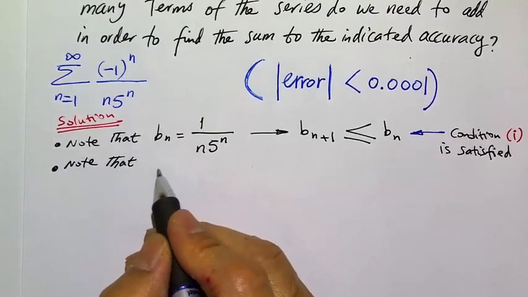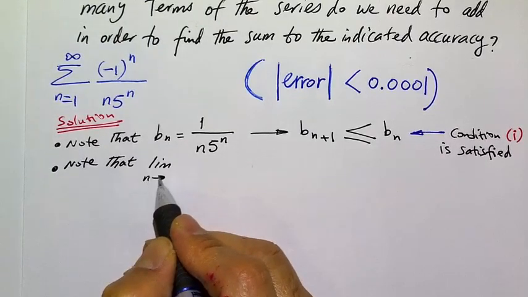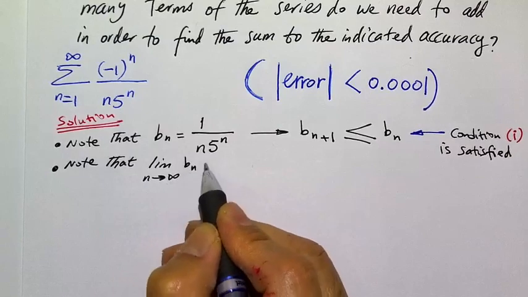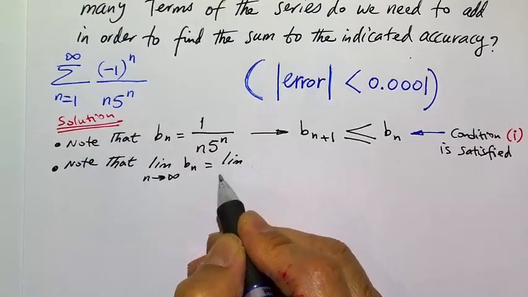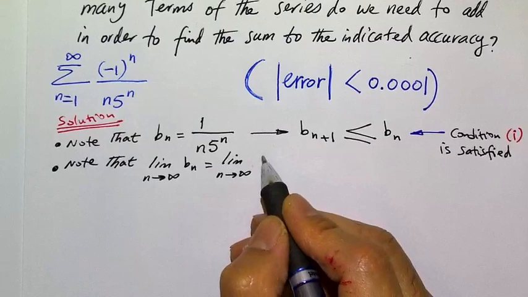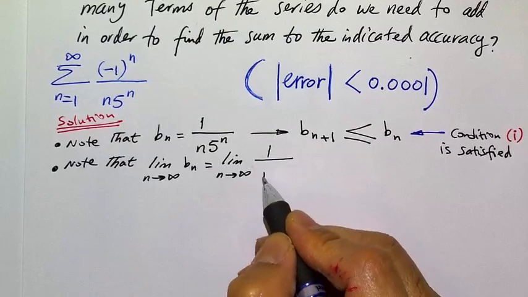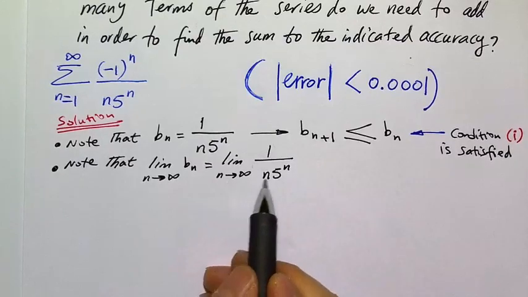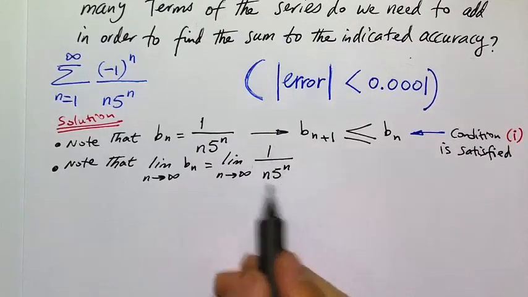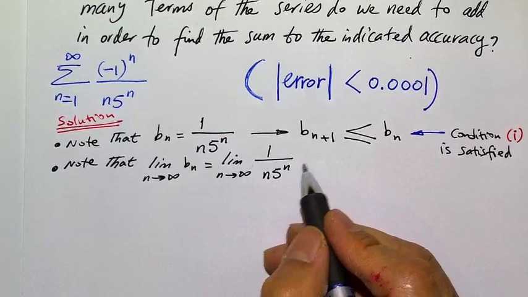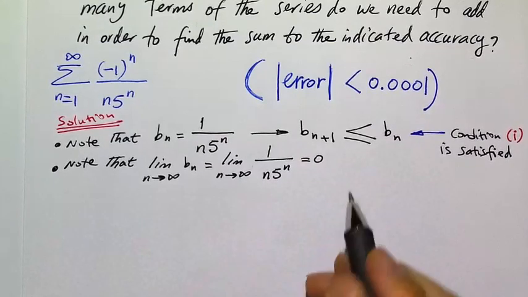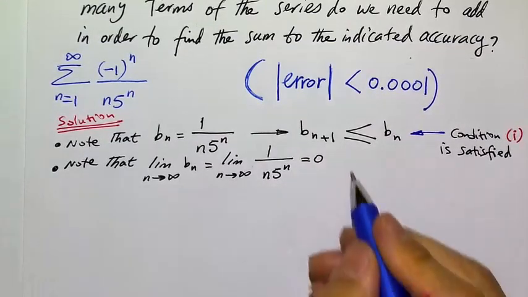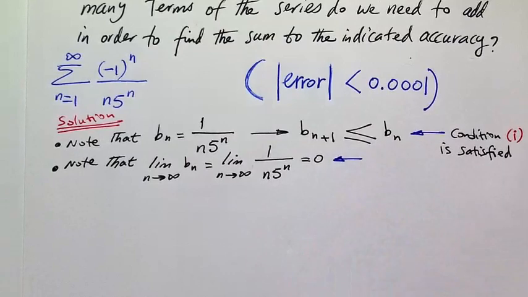So note that the limit as n goes to infinity of the Bn's is equal to the limit as n goes to infinity of 1 over n times 5 to the n. And for sure, as n goes to infinity here, the Bn's are equal to 0. So we know that condition 2 is satisfied.